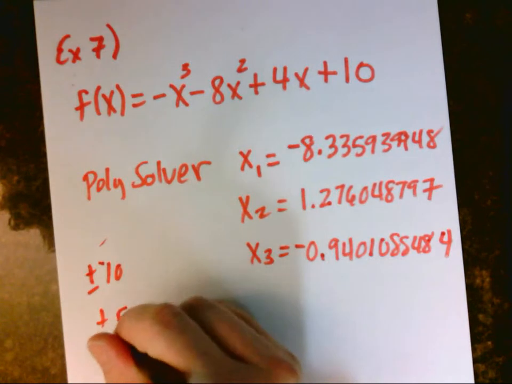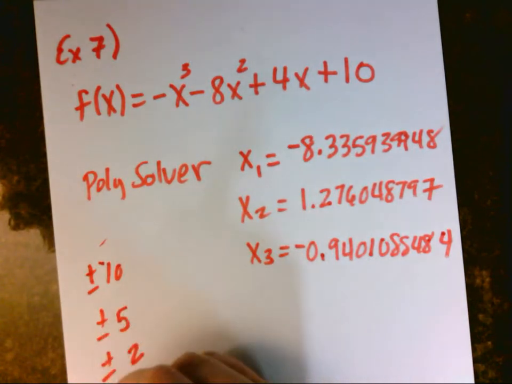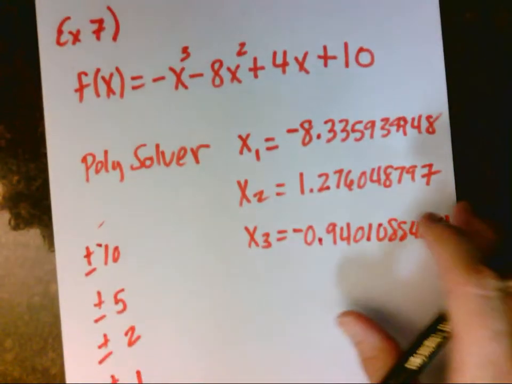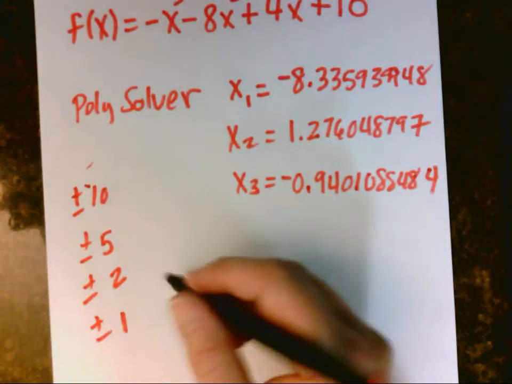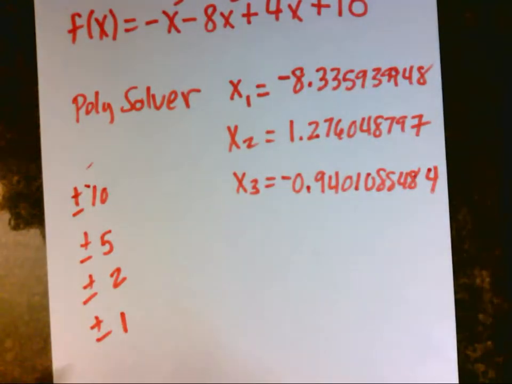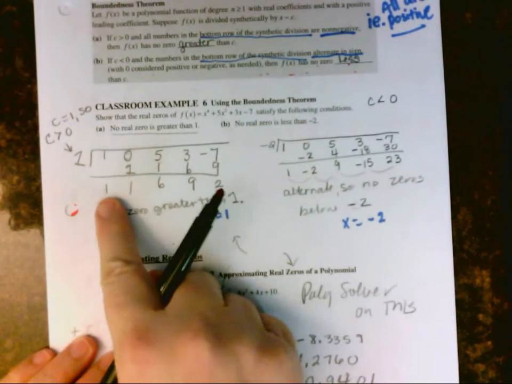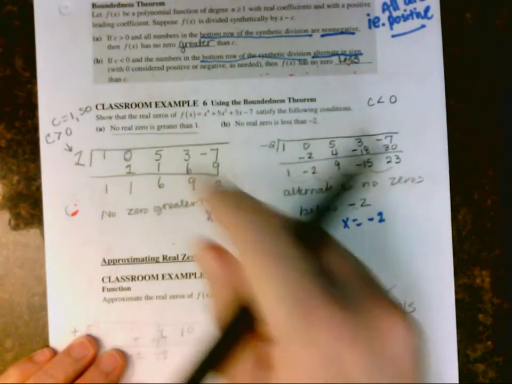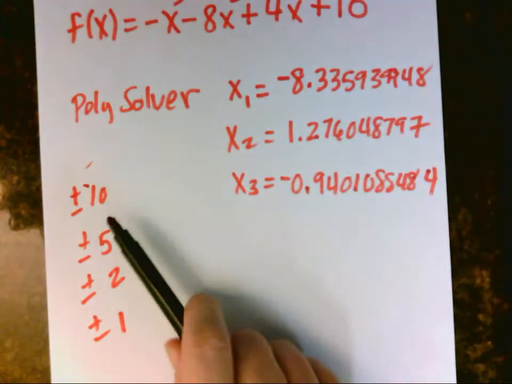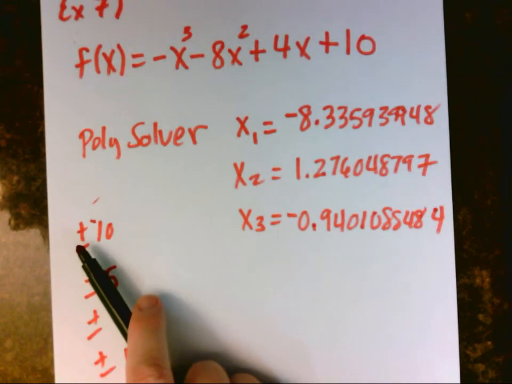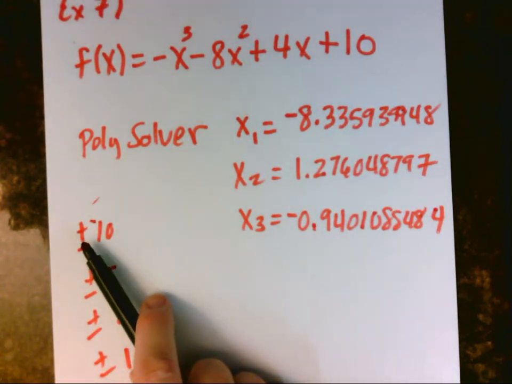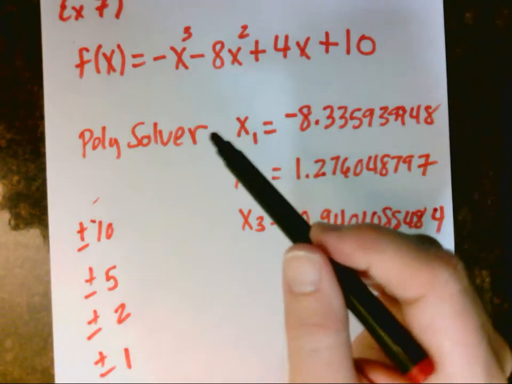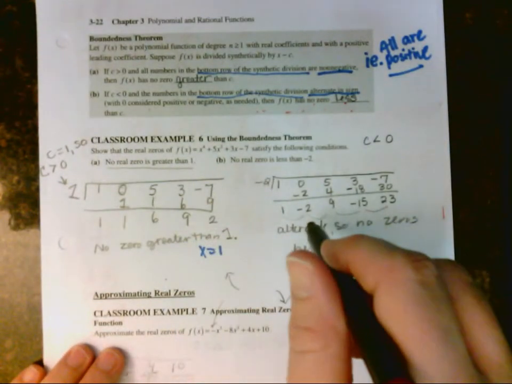We could put plus or minus 5 and plus or minus 2 and plus or minus 1. I think those are the possibilities. And then we start using these in synthetic division, and depending on what we get in the bottom row, we conclude and we try to zoom in on the zeros, right? Whatever, you just have to try some of these out. But again, if I want you to do this, I'll probably explicitly ask you this way.